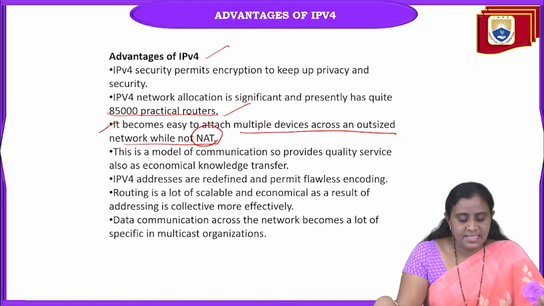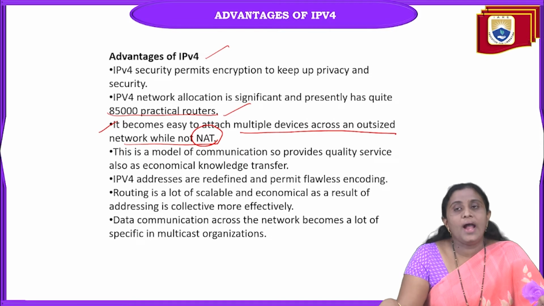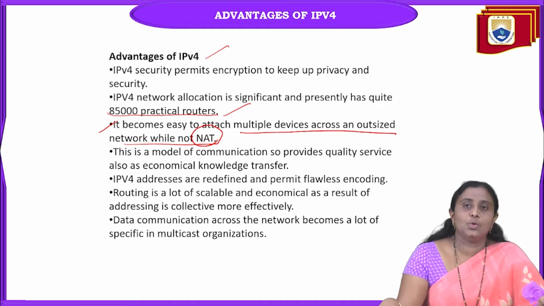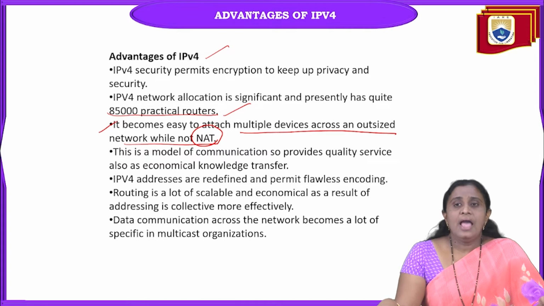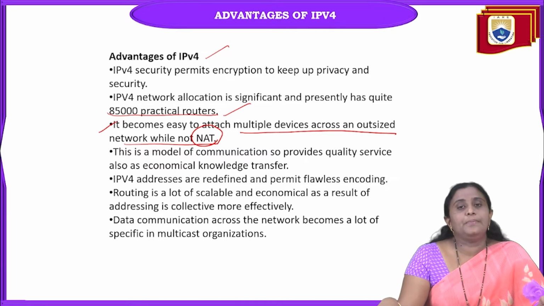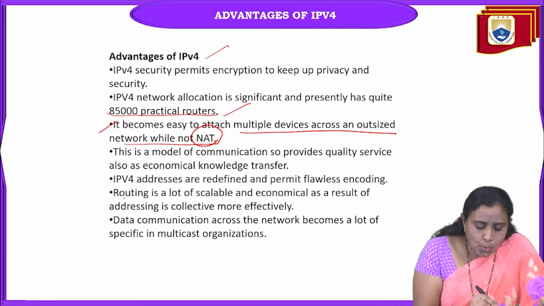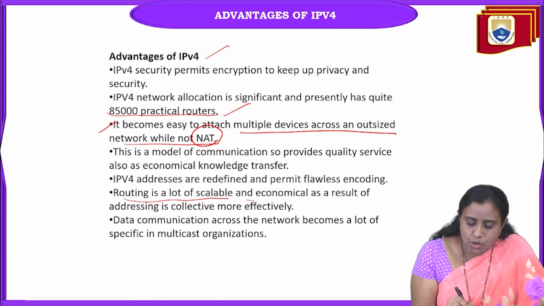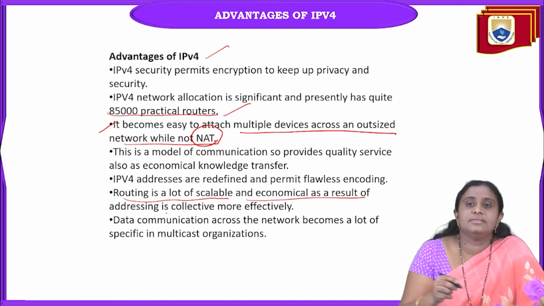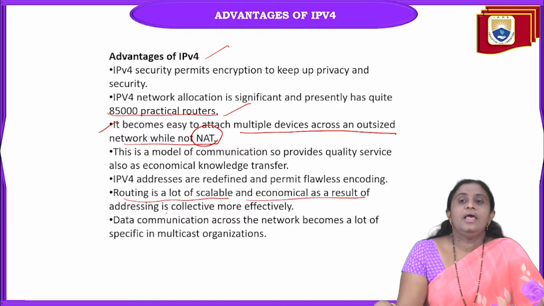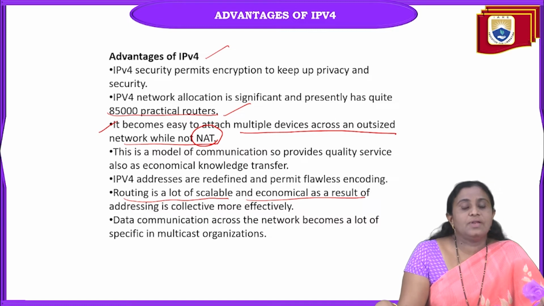This is a model of communication, so it provides quality of service as well as economical data transfer. IPv4 addresses are redefined and permit flawless encoding. That means routing is more scalable and economical because the addressing is collective and more effective.